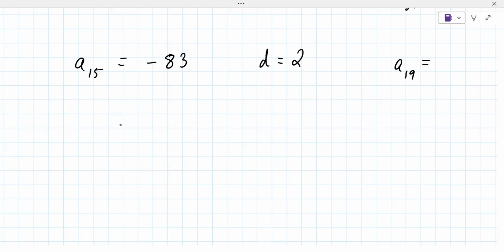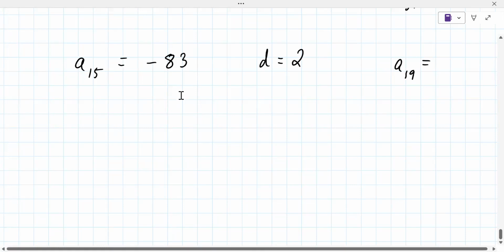The 15th number would be 83, so it'd be 4 up from that. Are you giving me your answer or are you just talking it out loud? Oh, I was just asking. That's the 15th number. Okay, 15, so we want to get up to 19. Plus 2.